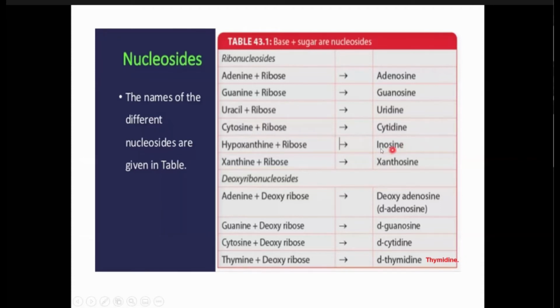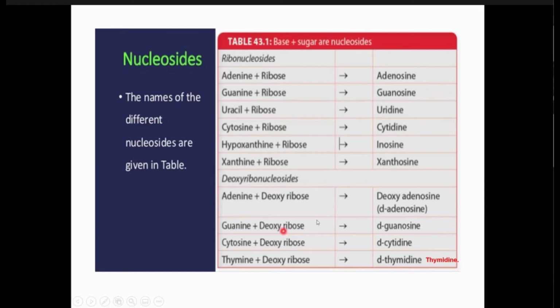Later on, when you see inosine, it means hypoxanthine plus ribose. This is a minor base. Xanthine plus ribose is xanthosine. So here it is clear, the only exception is inosine. Now this is a ribonucleoside, it means we are talking about RNA.